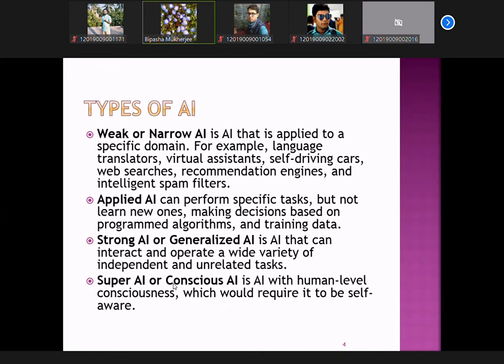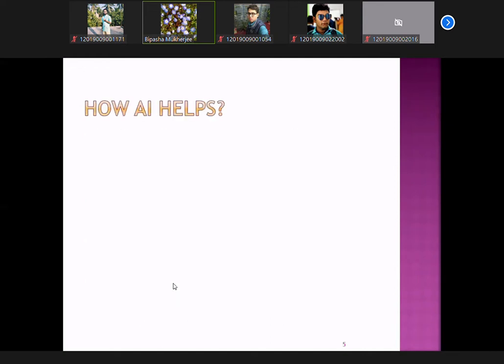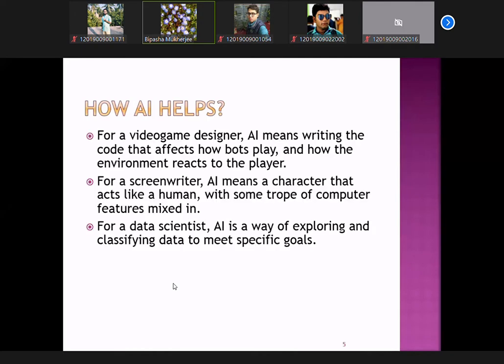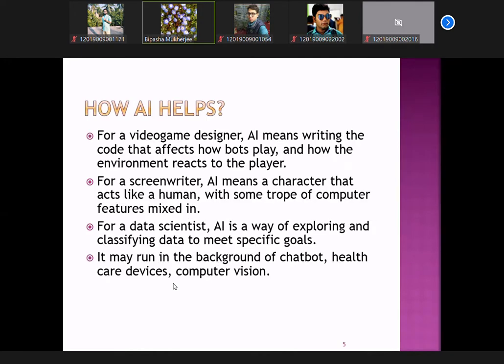Such things are there. But whatever we are getting now is based on weak or narrow AI, that is domain specific. So these are the different examples.